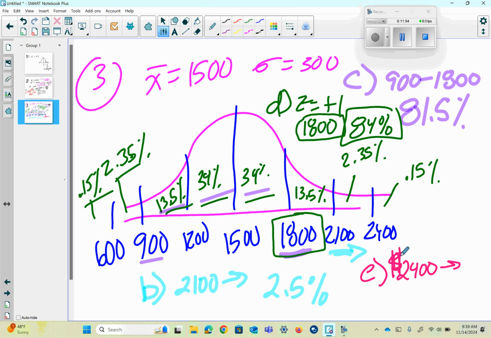My friends, the answer to this: you have a 0.15% chance of reaching that goal in this situation. Not a 15% chance, a 0.15% chance. So you have a 99.85% chance that you won't meet that goal.